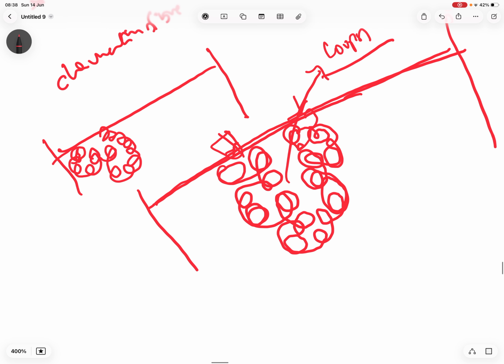Around this scaffold you find this continuously.